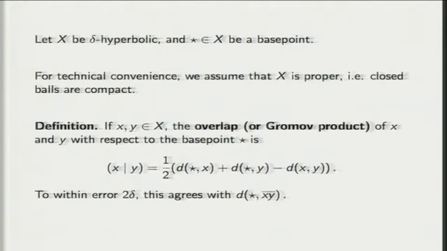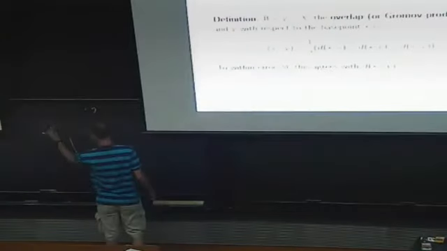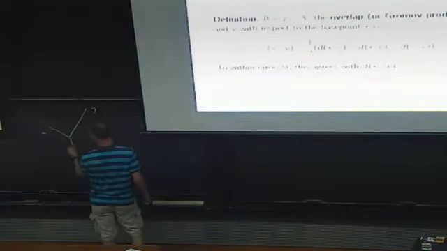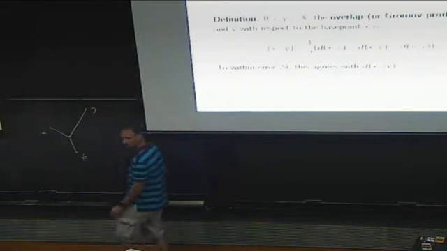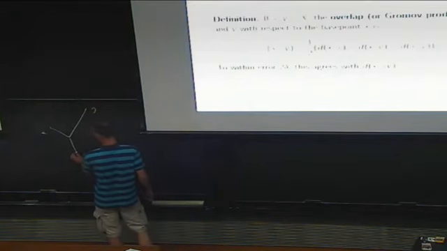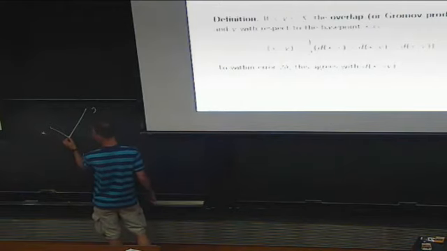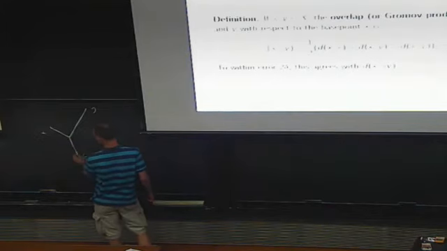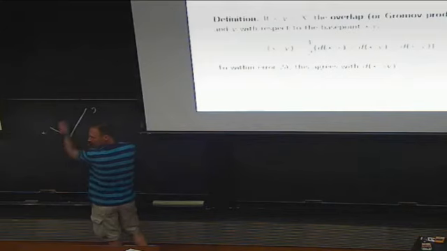In a tree, if you have a base point and 2 other points, X and Y, then the union of the 3 geodesics is a tripod. Okay? To get from the base point to X and Y, you travel along a common initial segment, which might have length 0, and then you branch off. So this initial length here is the overlap distance for these two paths.